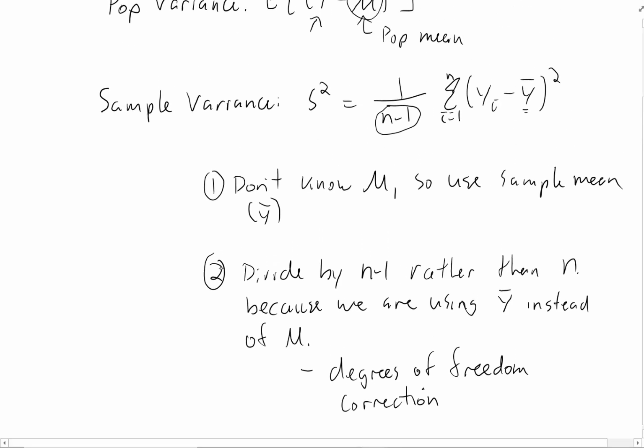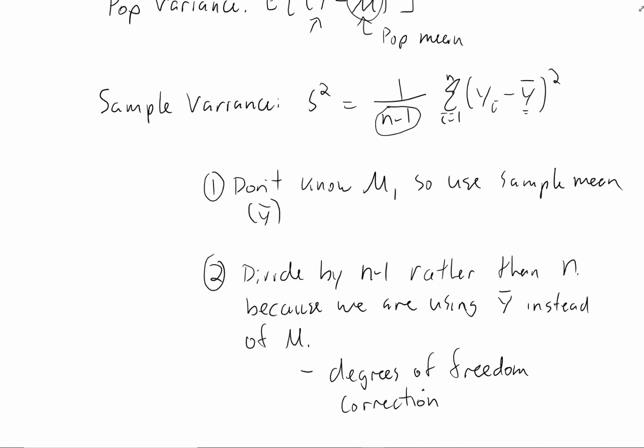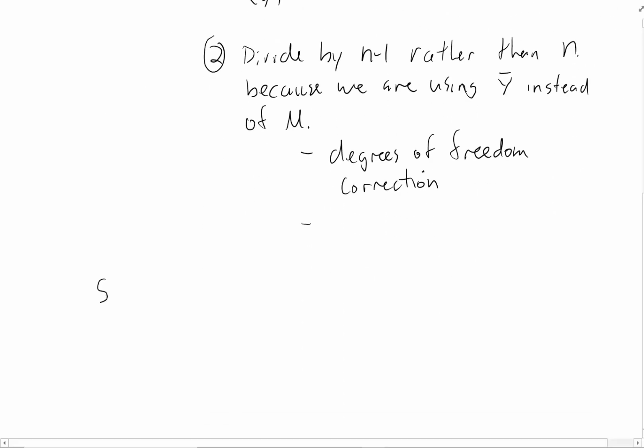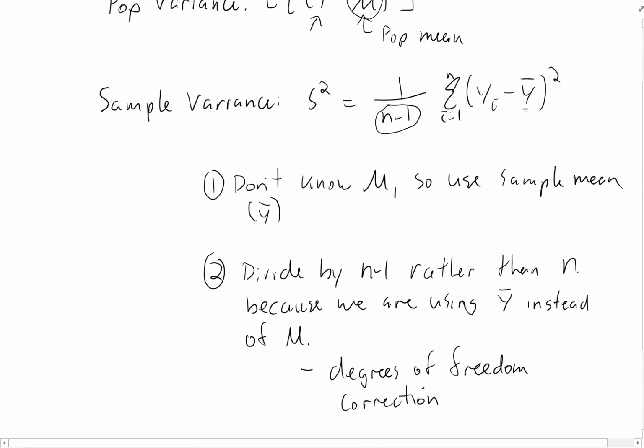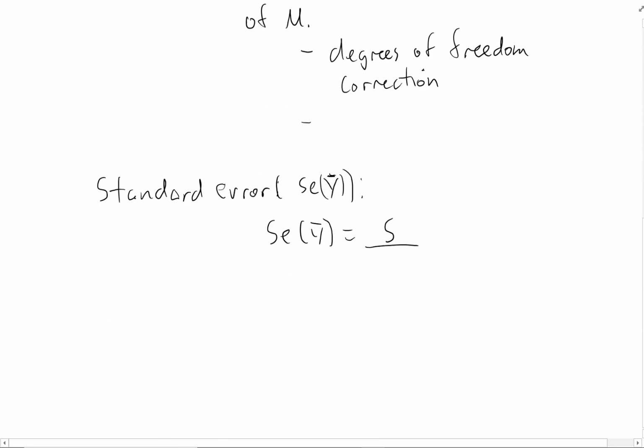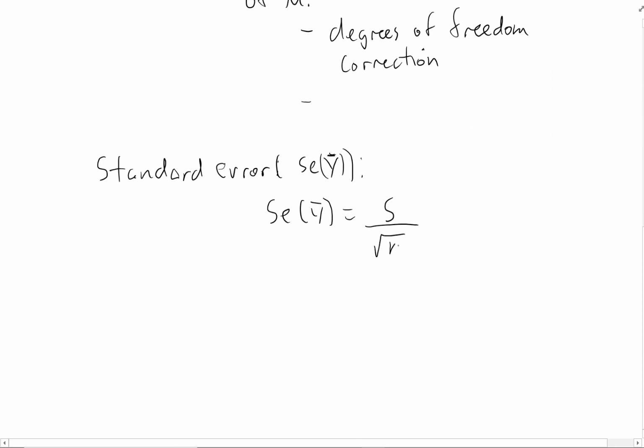So if this above here is the sample variance, what we're going to call the standard error of y bar is SE of y bar, which equals s, the square root of this s squared sample variance formula, divided by the square root of n.